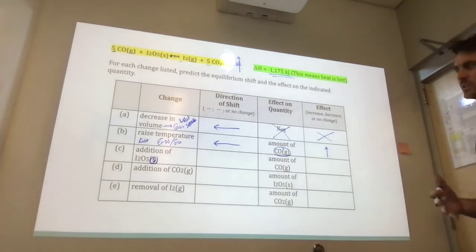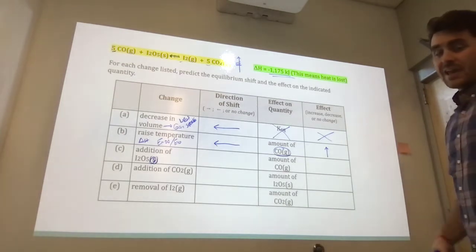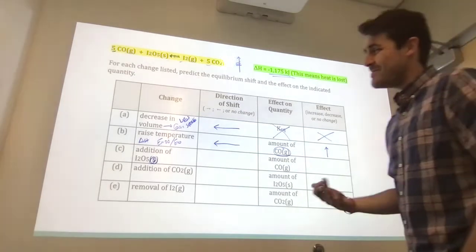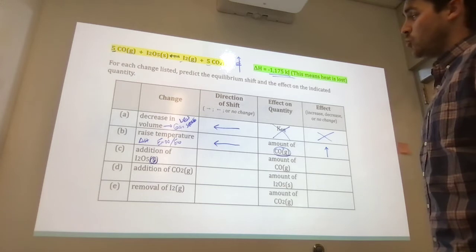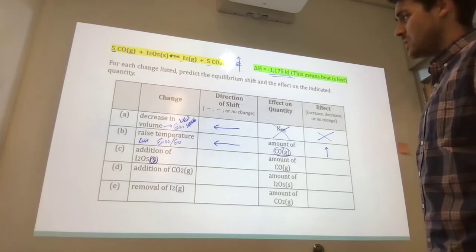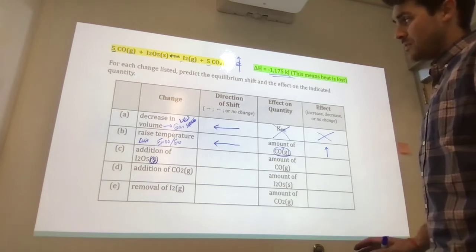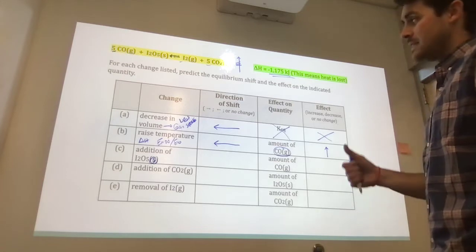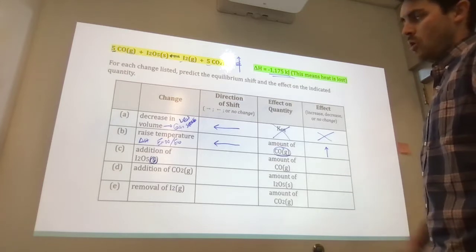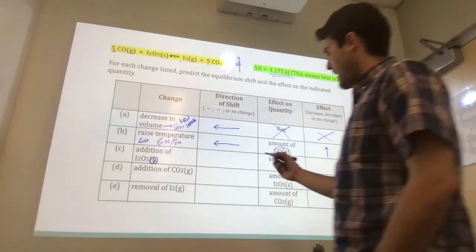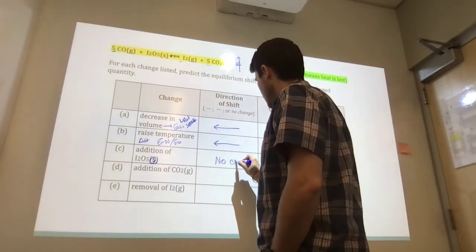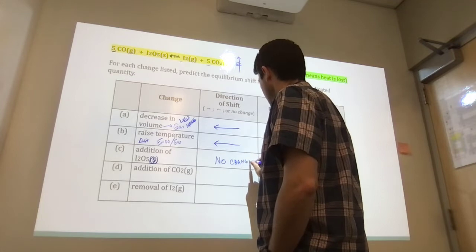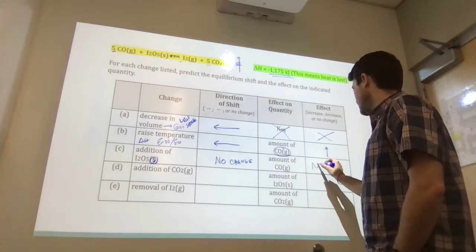Solids and liquids will not affect equilibrium states. If I add more solid, it will not impact this equilibrium. If I add more liquid, it will not impact this equilibrium because none of those, solids or liquids, impact temperature, pressure, or concentration. So if I add more I2O5, there is no change. No shift, no change.